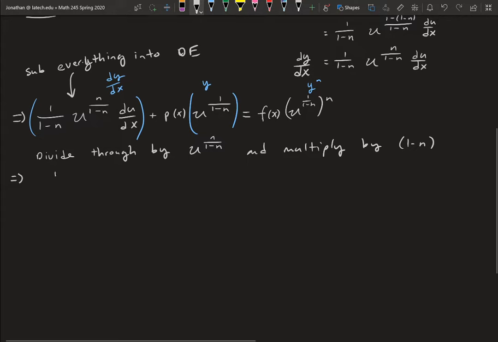So that's going to be du dx plus 1 minus n p of x, and then u to the 1 over 1 minus n over u to the n over 1 minus n equals 1 minus n f of x.